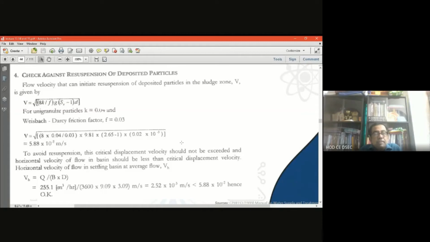So the critical displacement velocity has been calculated as 5.88 into 10 to the power minus 2 meter per second. What I am trying to say is, even after finalizing the design of the tank, all the size, depth, etc., the final check you have to make is whether the horizontal velocity is less than the critical displacement velocity or not.